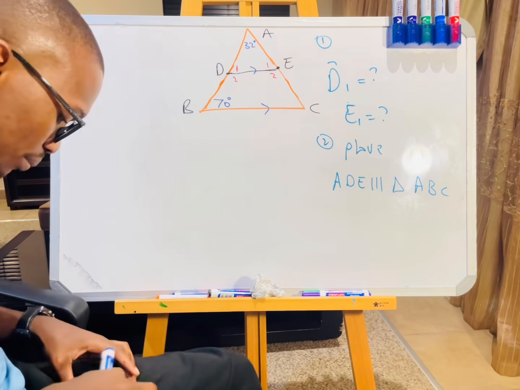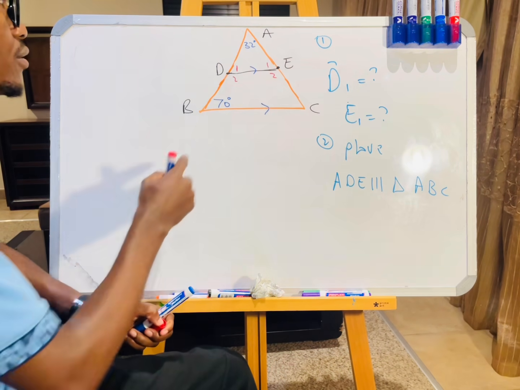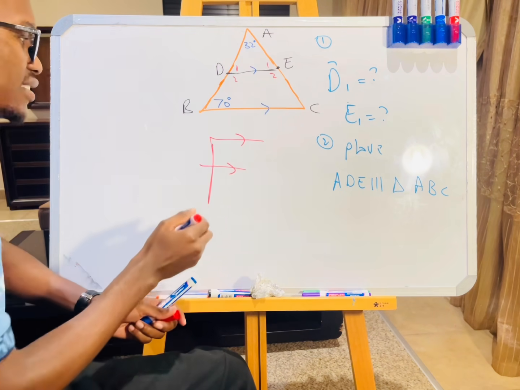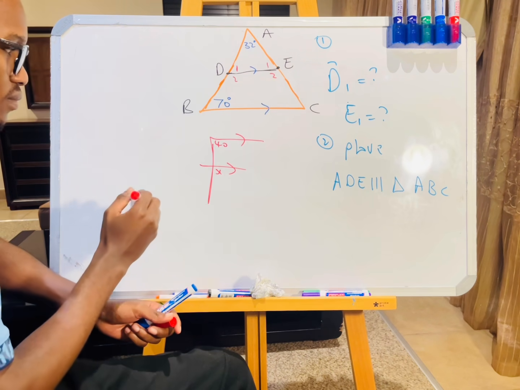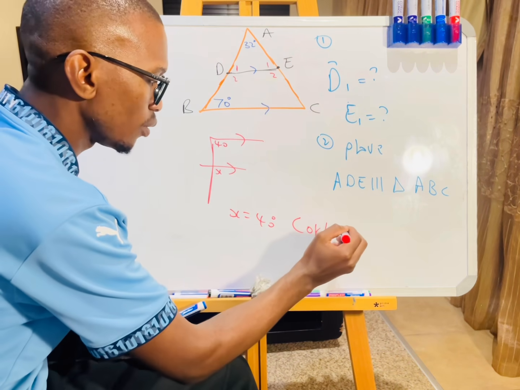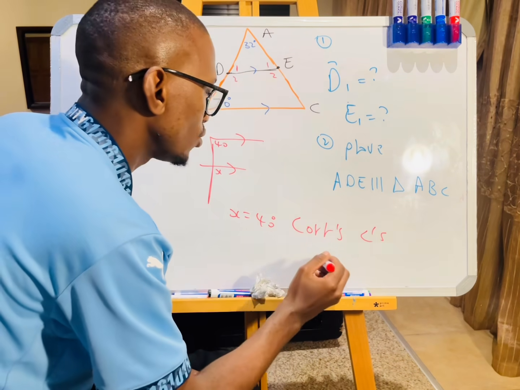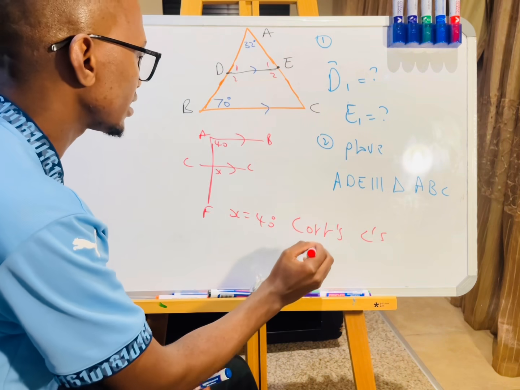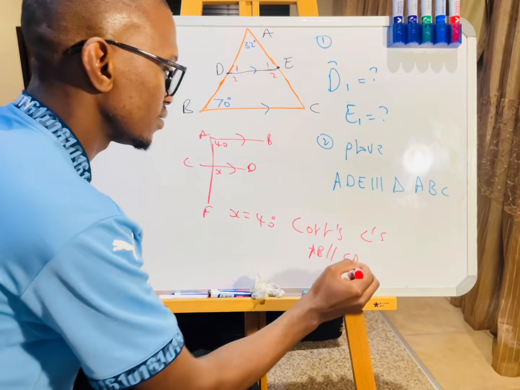Okay, sharp. Now let's move on. So how do you find angle D1? Guys, I hope you know this. Whenever lines are parallel and this angle is 40 degrees, what's going to be x? X is going to be 40 degrees. What is the reason? Corresponding angles are equal, because if this is line AB, CD, and F, you can see that line AB is parallel to line CD.